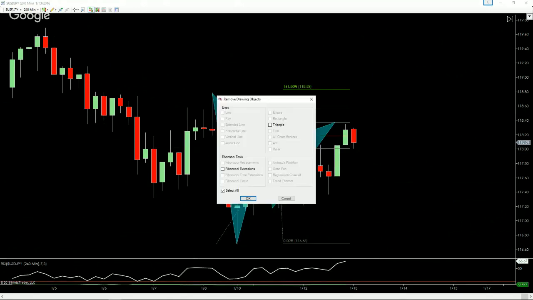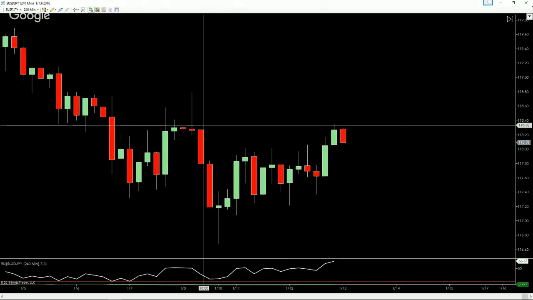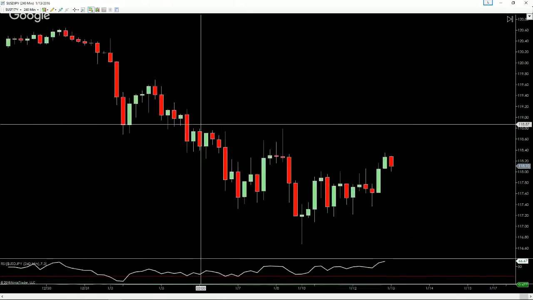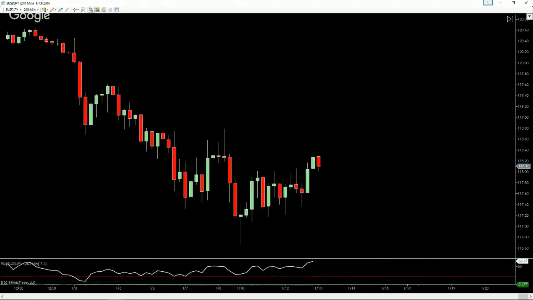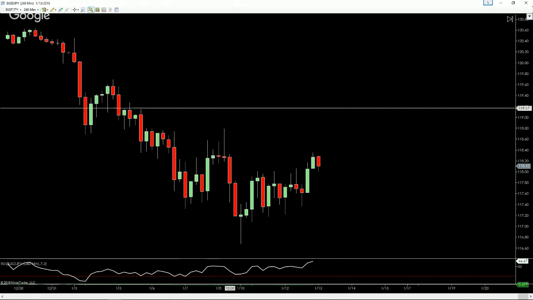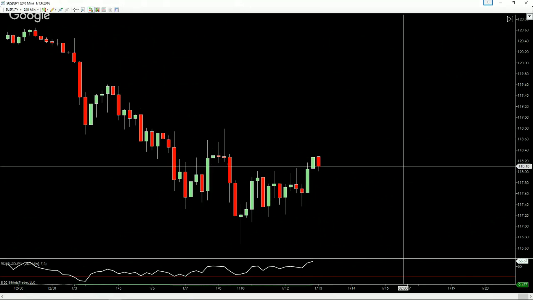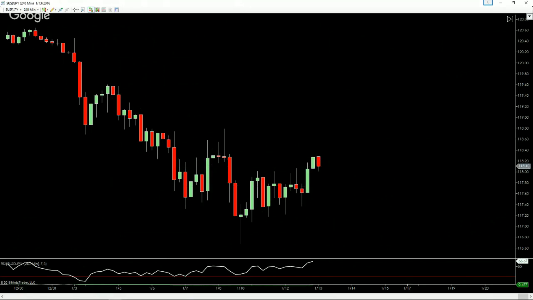So let's take that out. It still hasn't hit targets yet. So that could still go past this and maybe stop you out. But it's looking like it's going to that target level.